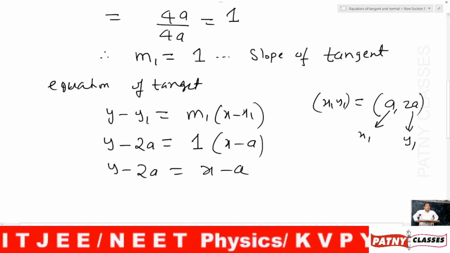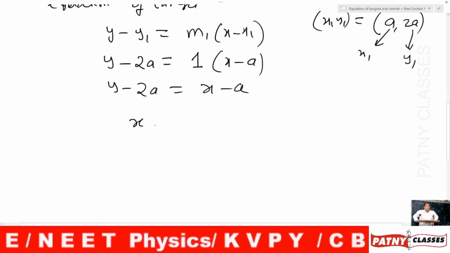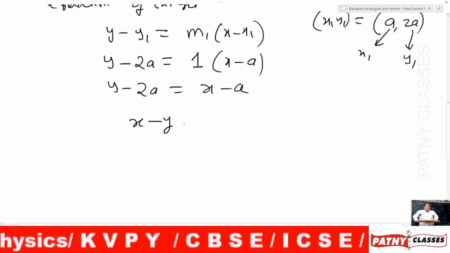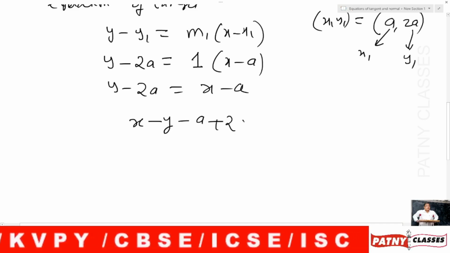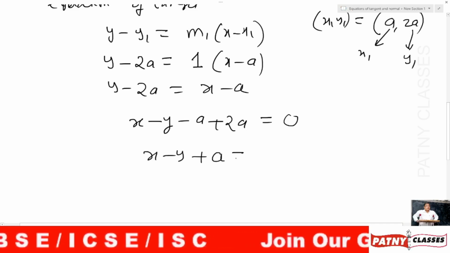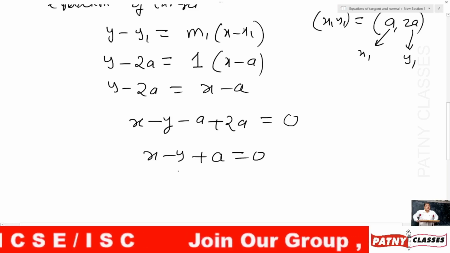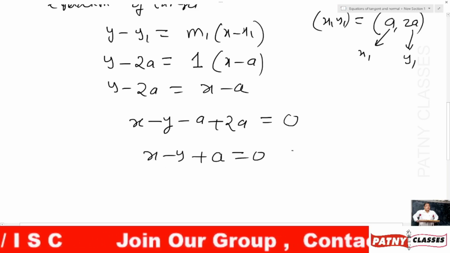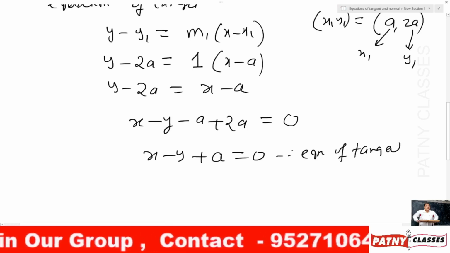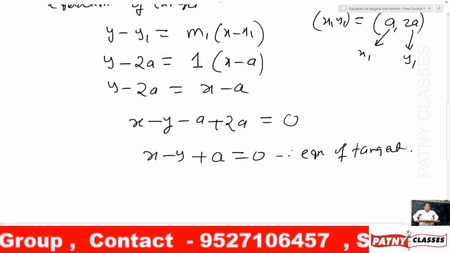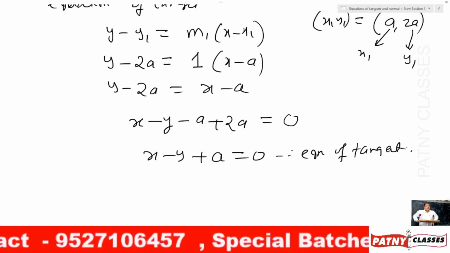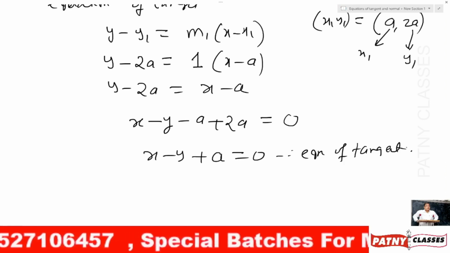Now taking the y term to that side, as you know I always keep x positive, therefore I am taking y to that side as minus, and a is also going that side, becoming plus 2a equals 0, x minus y plus a equals 0. This is the equation of tangent. The equation of normal is not asked in this question, only the tangent is to be obtained. Therefore we got x minus y plus a equals 0. This is the equation of tangent.